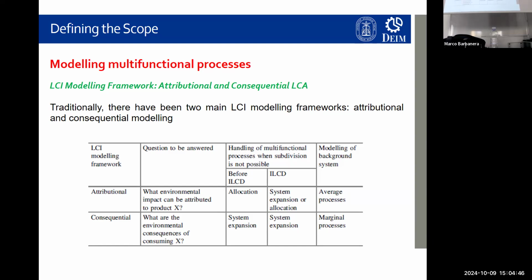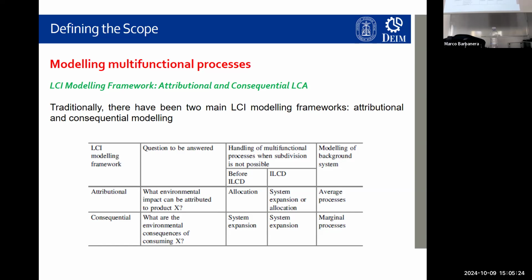Previously, we have seen how we can divide the environmental impacts between main and byproducts, with different strategies. Now, in this slide, we can see two different families, two different classes of LCA studies: attributional studies and consequential studies.